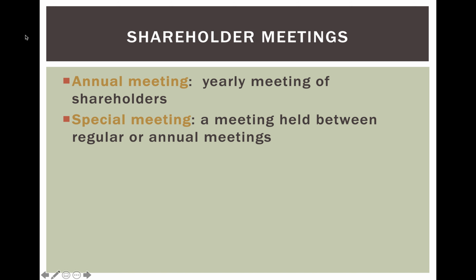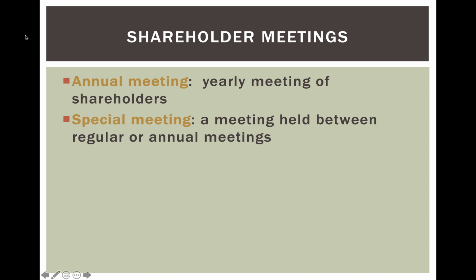Could be for innocuous reasons, maybe for more serious reasons, but if you need to fill directors, a special meeting might be held in order to do so. Special meetings, though, are generally called by the board of directors.